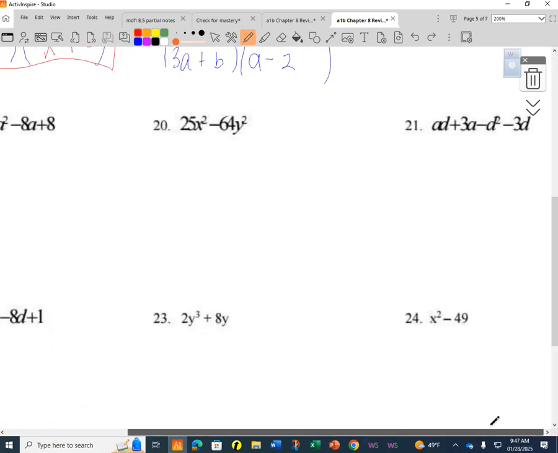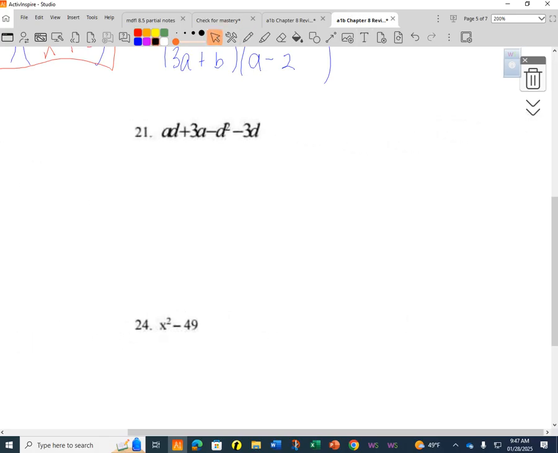So 21, if we're looking at our review notes, the first thing it always asks is, is there a greatest common factor? Is there a greatest common factor here, Keyshawn? Okay. So, does it sound like I'm repeating myself on this stuff, you guys? And that's why it takes longer for us to do it, because I am repeating myself.